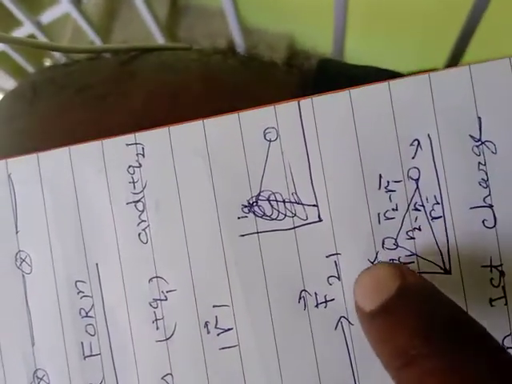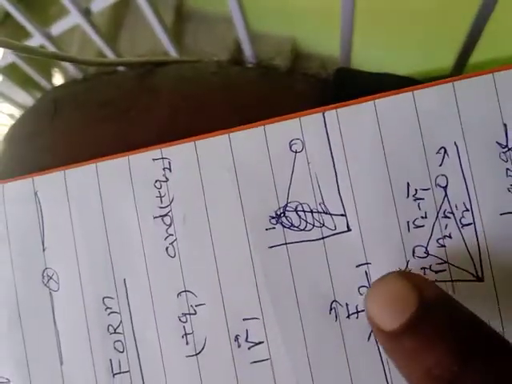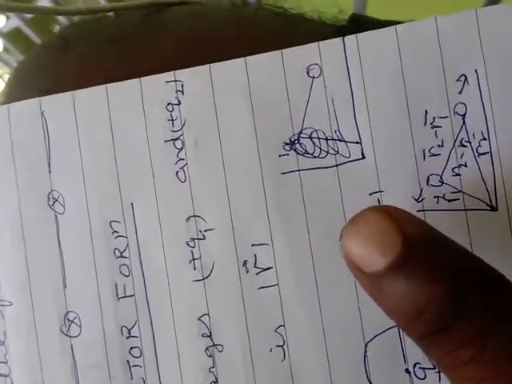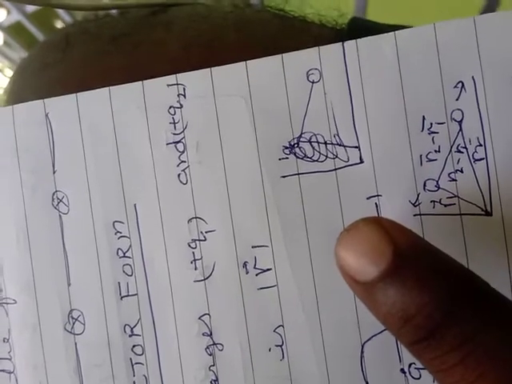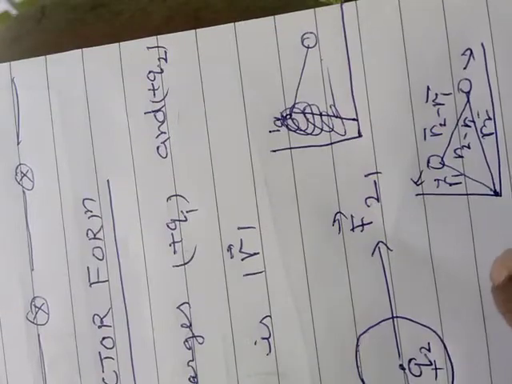If we consider the force on first by second, we should write F12. F12 means the final point is 1 and the initial point is 2. So we should consider modulus r is equal to r1 minus r2, modulus.